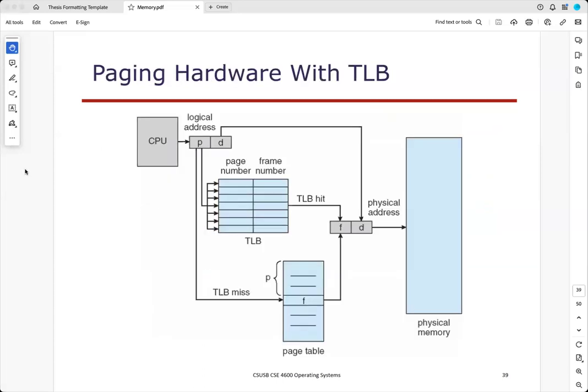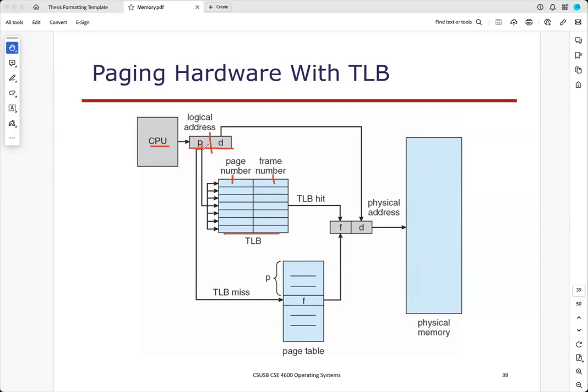Now this figure shows how the TLB works. The CPU generates a logical address. The logical address is divided into two parts. P is the page number. D is the page offset. First, the CPU checks if this page number is in the TLB. The TLB contains some entries of the page table, the page numbers and the corresponding frame numbers. The TLB does not contain the entire page table.